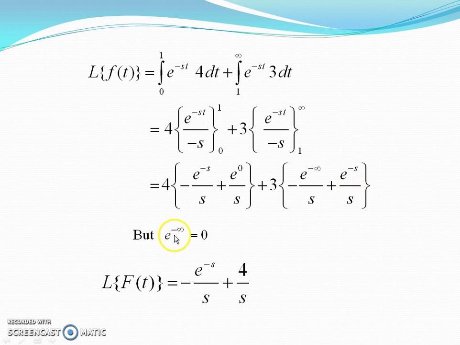But we know that e to the power minus infinity is equal to 0. So by using this value, after simplification, we get the Laplace transform of the given function f of t is equal to minus e to the power minus s upon s plus 4 upon s.